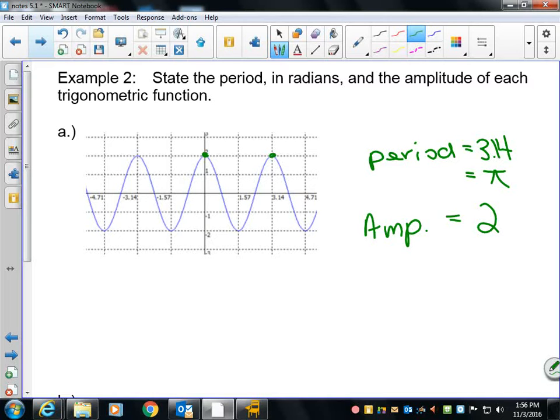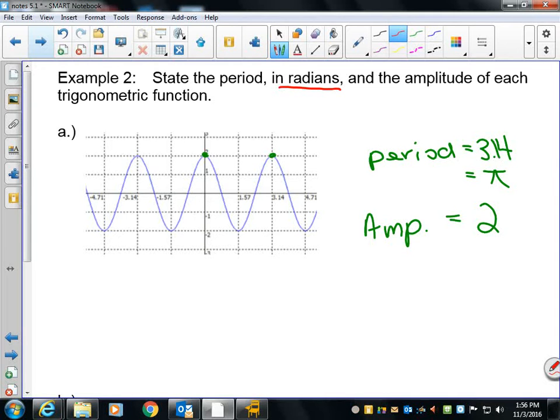Oh, wait. Let's read the question. Is 3.14 a radian measure too? You can have decimal radians and you can have pi radians, right? So actually both of these are still proper answers. What is pi in degrees? 180.